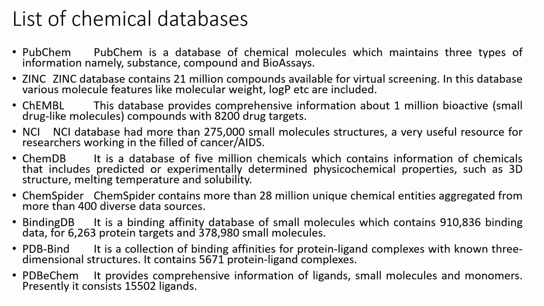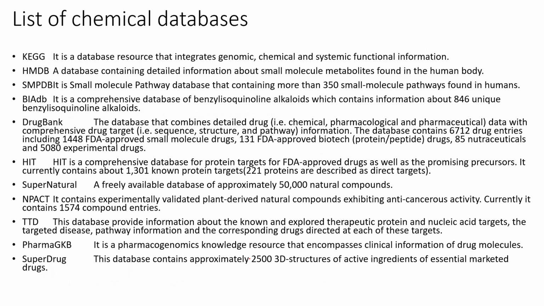So what I did here was to list some other chemical databases, quite a number of them. You can just look at them. I tried to give a very short description of each one of them. It's good to take a look so you know the scope of each database in terms of the compounds you can find within it.